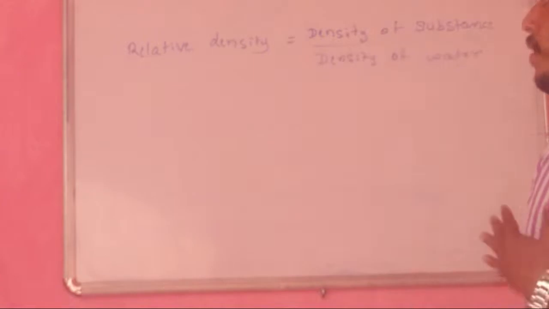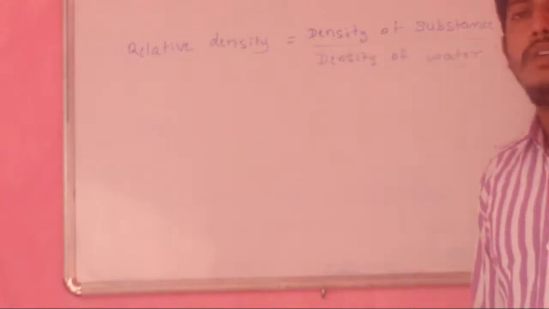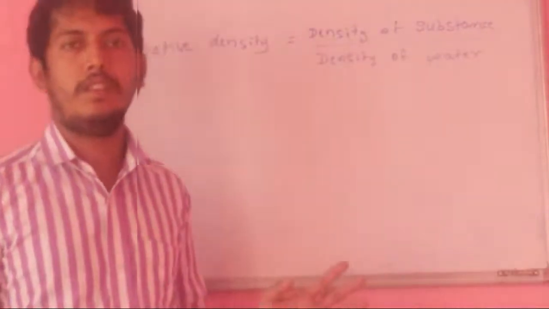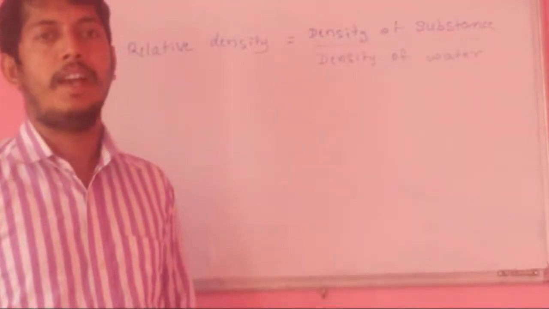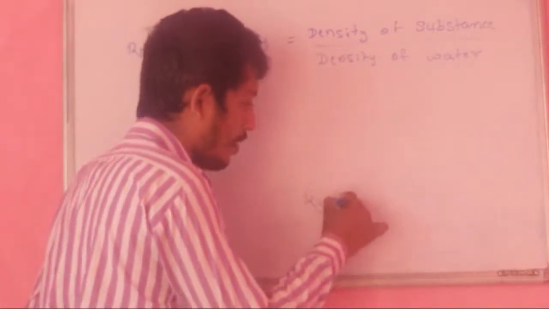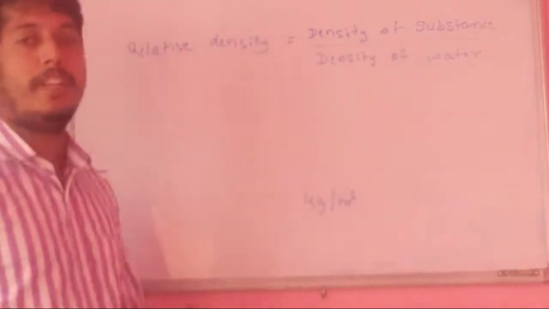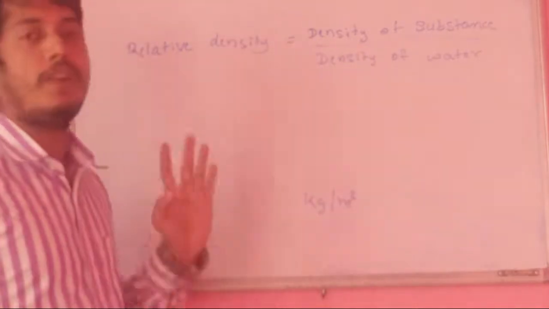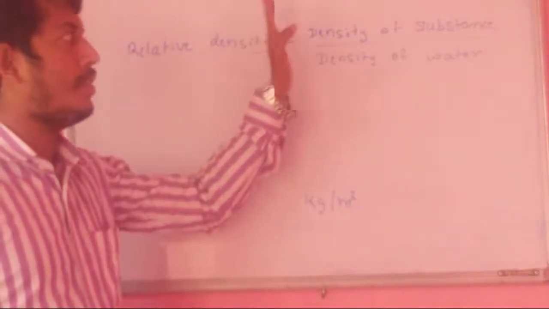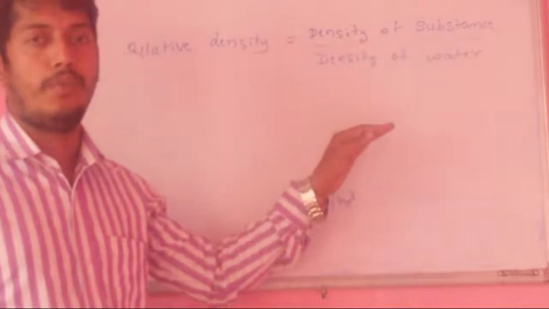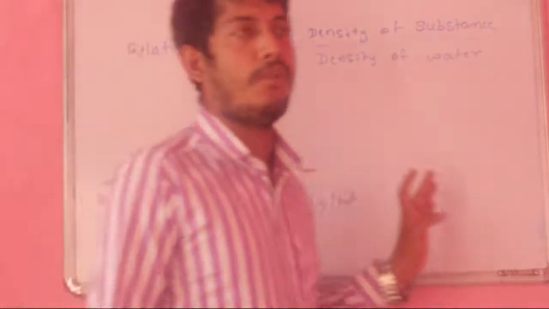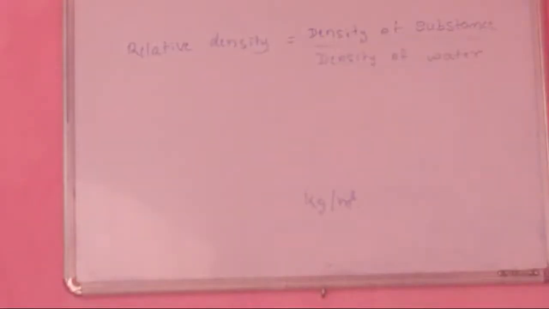I told you that the density of a substance is a particular constant for a particular material, and the SI unit of density is kg per meter cube. Now, comment me what is the SI unit of relative density, where relative density equals density of substance divided by density of water. This is a very important concept.